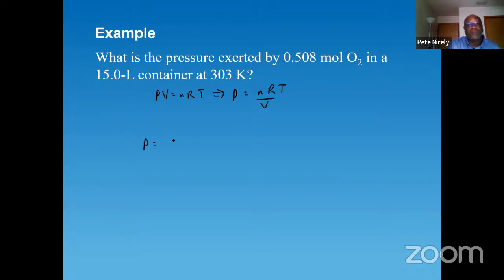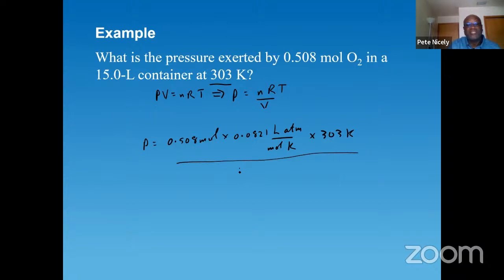So P would be equal to the moles, which is 0.508 moles, times R, which is 0.0821 liters atmospheres over mole Kelvin, times the temperature, which according to the question is 303 Kelvin, all divided by the volume, which according to the question is 15.0 liters.